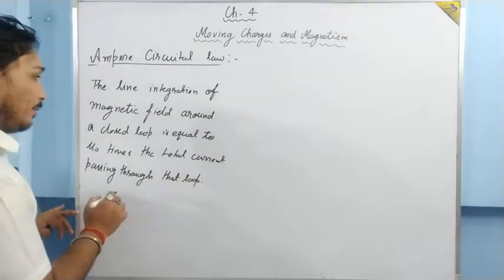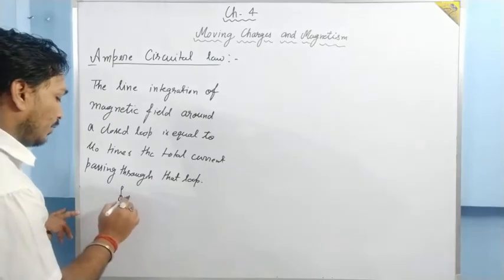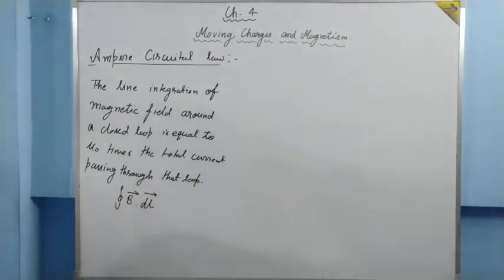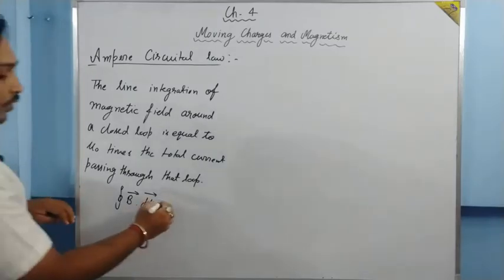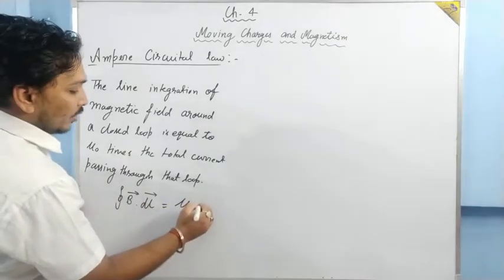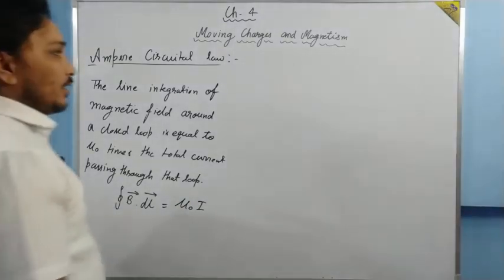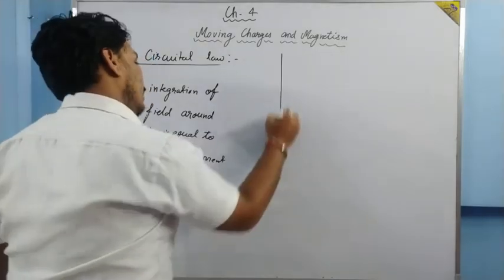What is the mathematical expression? It is the line integration of B vector dot dl vector, and it is equal to mu naught times the total current passing through the loop. Okay, let us try to understand what it actually means by a figure.